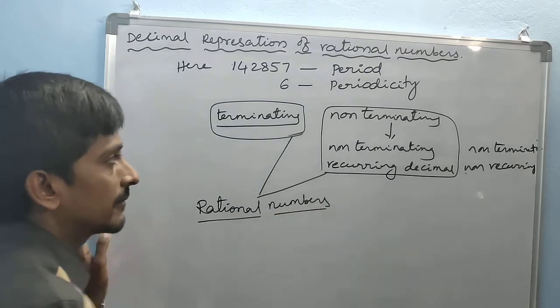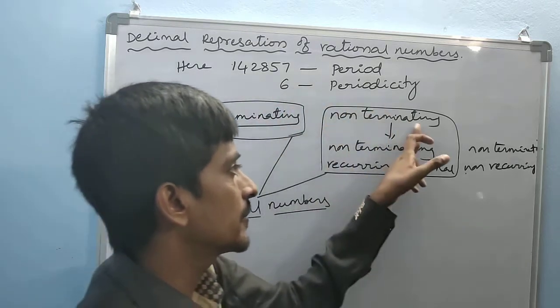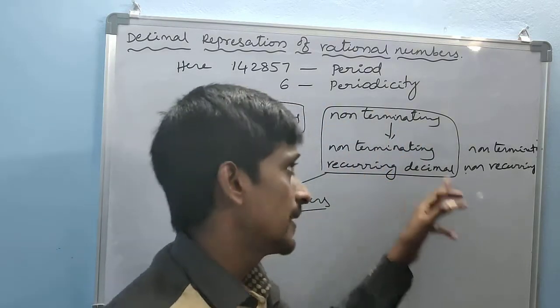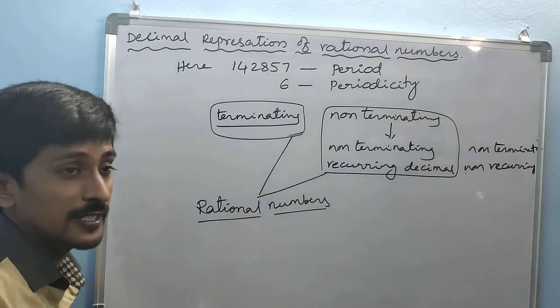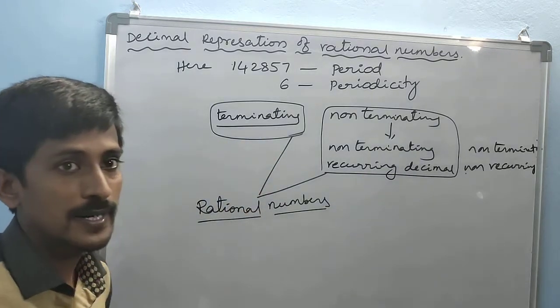Rational numbers can be converted into either terminating or non-terminating recurring decimals. Non-terminating recurring decimals and terminating decimals both can be converted into rational numbers.